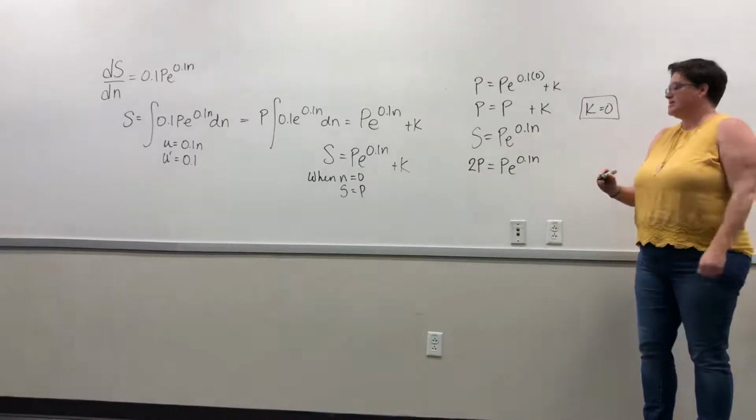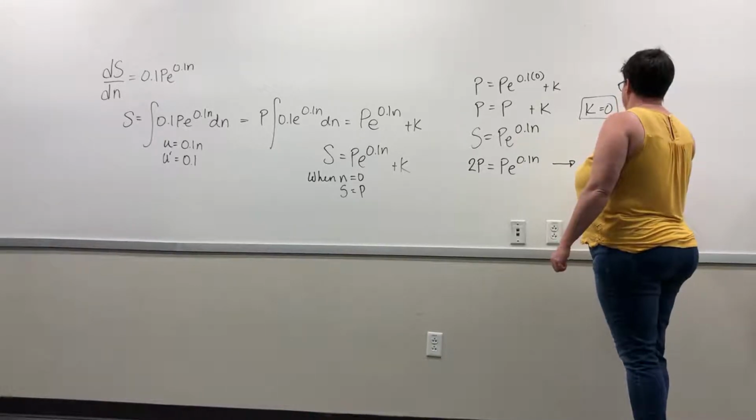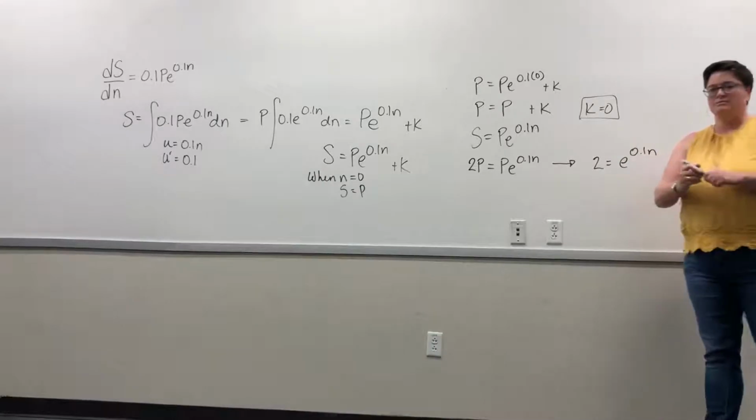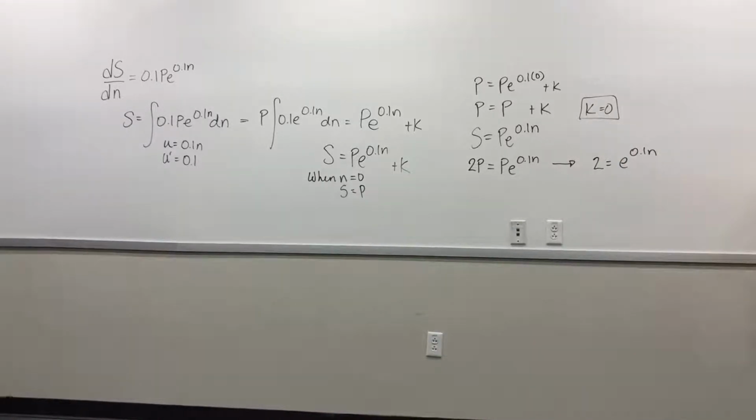Now I'm going to divide both sides by P, and I'll get 2 equals e to the 0.1 n. Now there's something on your tattoo that reminds you of a way to get to an exponent variable. Look on your logs and exponents shortcuts, the right side of your tattoo. How can we get to the exponent of an e?